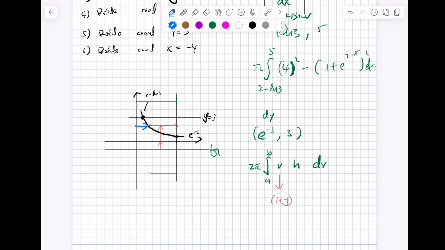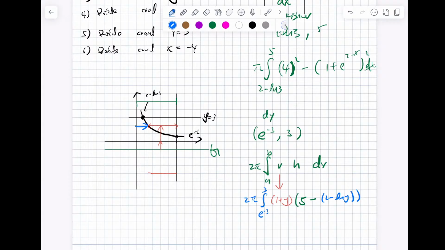So the red is what? The green is, I'm even going to color code it for you, 5 minus the blue. What's the blue? 2 minus ln y, so 2 minus ln y. And then integration from a to b, which is e to the negative 3 to 3, 2 pi. And that should give you the same answer.